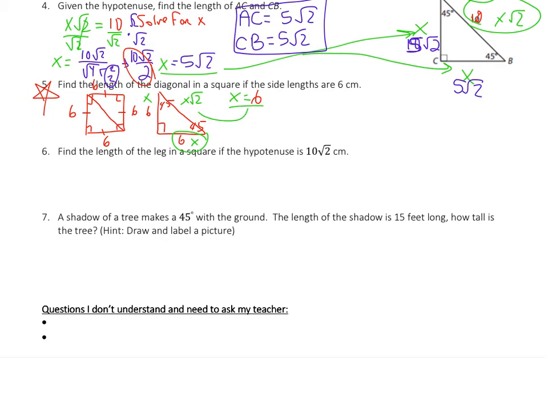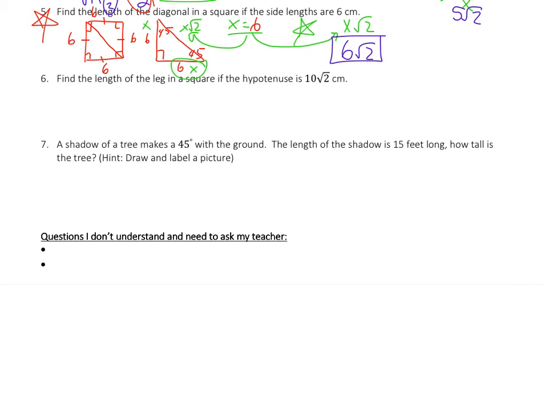We can take that and put it back into any of the other places where our green x is at. So I want you to find what the diagonal length is going to be for this question. Since the diagonal is x square root 2 and we know our 6 is the x, you should have gotten that the diagonal is 6 square root of 2.